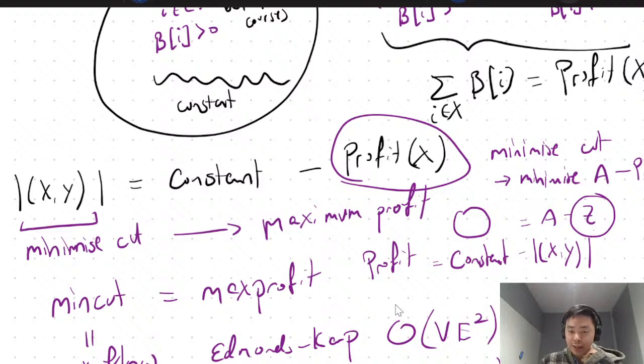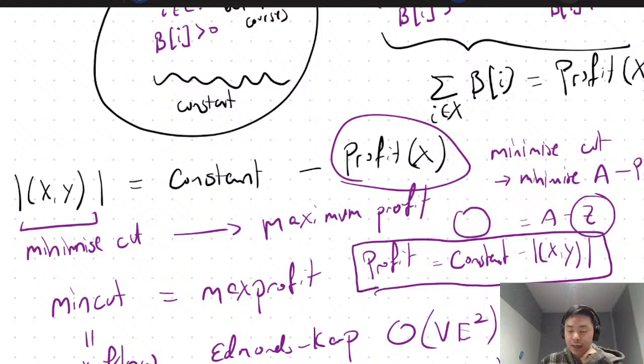So it might help to think about it like this. And once we have this, then we can see that if I minimized my cut, that means on the other side, I maximize my profit. It's okay. So it's not necessarily the case of smaller max flow being greater profit. It's more the case of the smaller my cut is, the greater my profit. So then what I want to do is compute the smallest cut, which corresponds to the maximum flow.